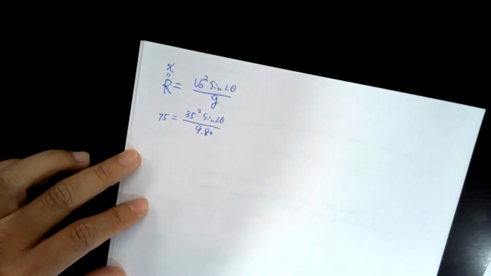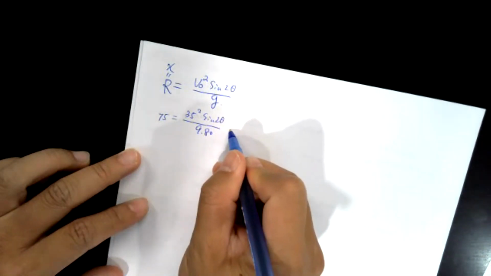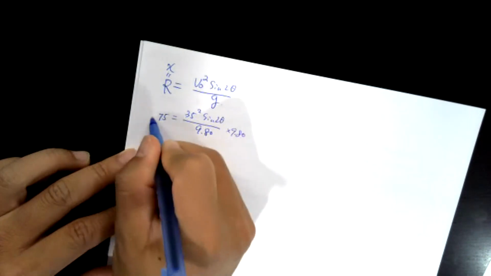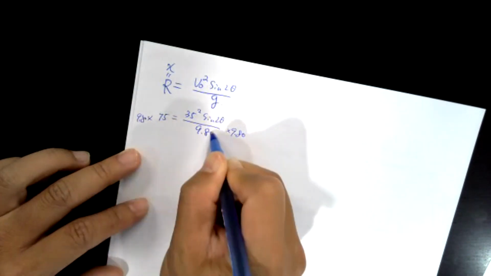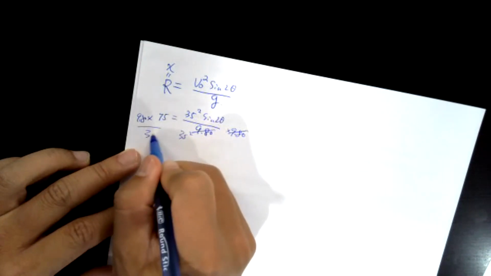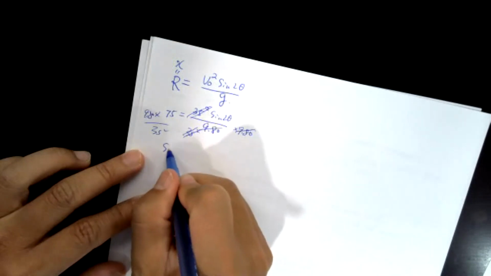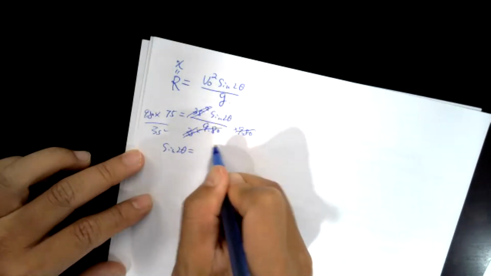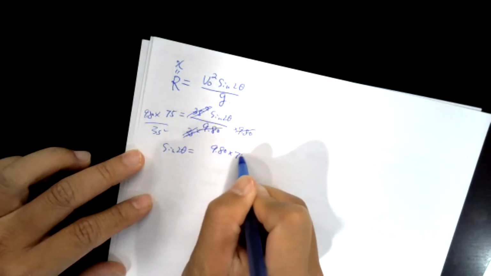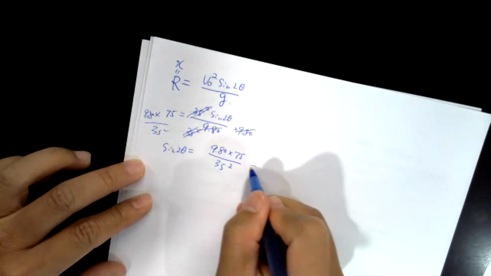So I can directly solve for my sine 2 theta. You multiply both sides by 9.8 to get rid of that, and then divide both sides by 35 squared to get rid of this. So your sine 2 theta is equal to 9.8 multiplied by 75 divided by 35 squared.